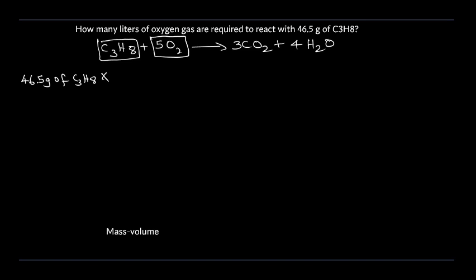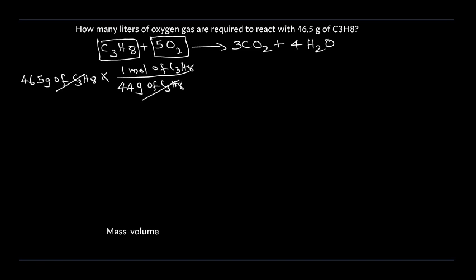So I know the grams of propane in 1 mole. So I will write the grams of propane in the denominator. When I find the mass of 1 mole of propane, I see that it is 44 grams. So in 1 mole of propane, I have 44 grams of propane. I'm writing the grams of propane in the denominator so that I can cancel, because I don't want that grams.